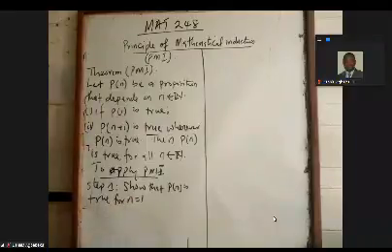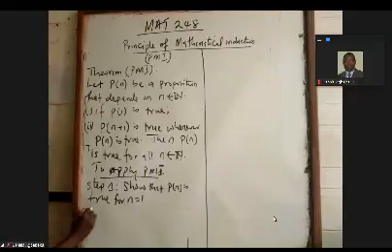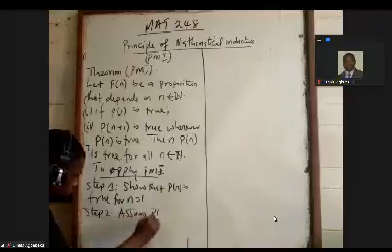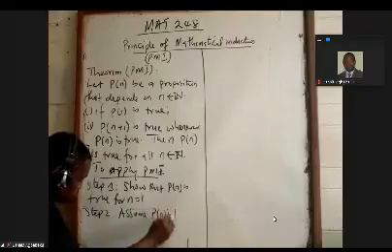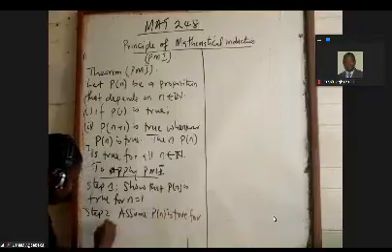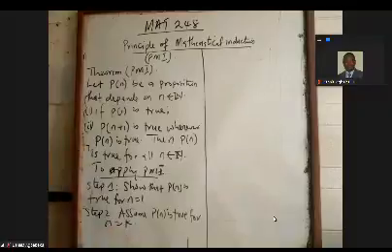You show that P of n is true for n equal to 1. Then step 2: assume P of n is true for n equal to k. You assume that P of n is true when n is equal to k.